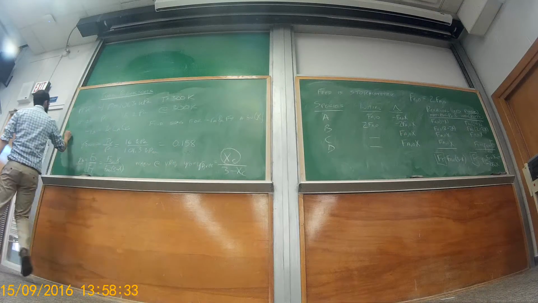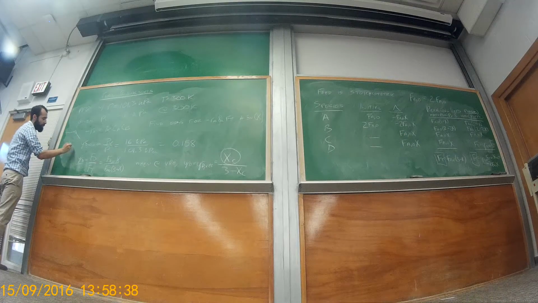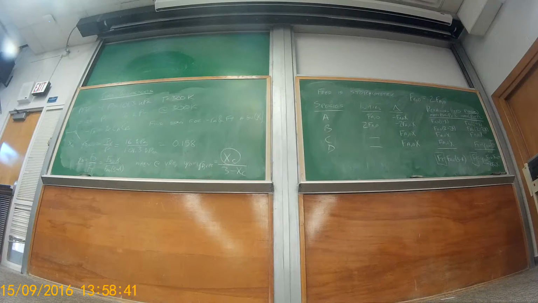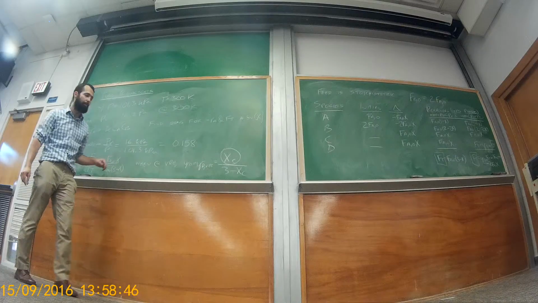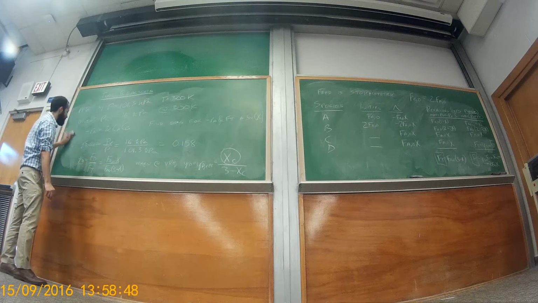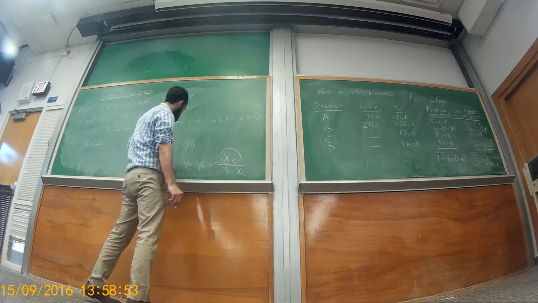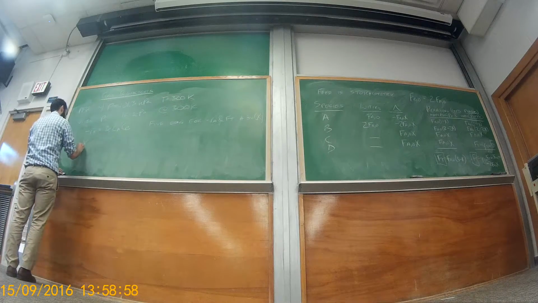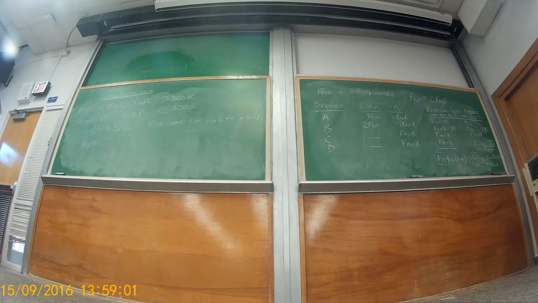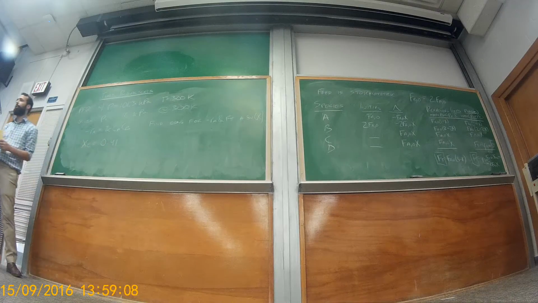But remember that it's a function that has a kink. So what we're trying to do is find the conversion corresponding to that kink. And it depends on the stoichiometry, but this is what you get for this problem. Okay, so if we do that numerically, we get the critical conversion is 0.41, 41%.